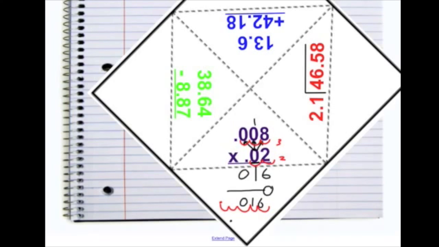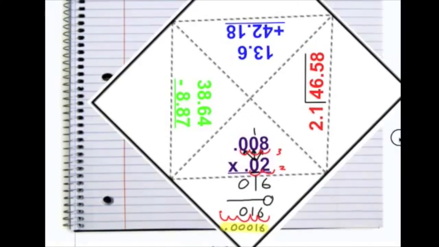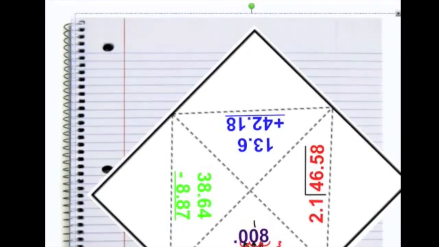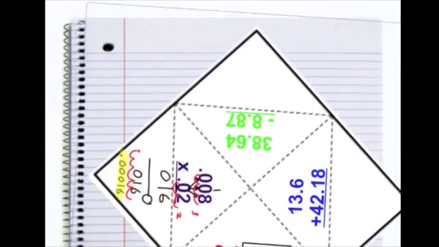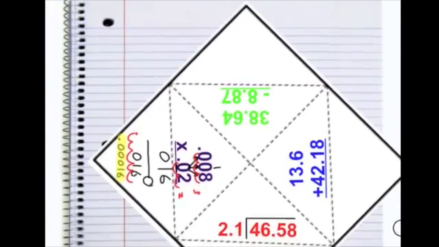Which gives me a final solution of, this is the tenths place, hundredths place, thousandths place, ten thousandths, hundred thousandths. So I have 1,600 thousandths. That is my solution. And I'll go ahead and rotate on to my next problem, which in this case will be the division.